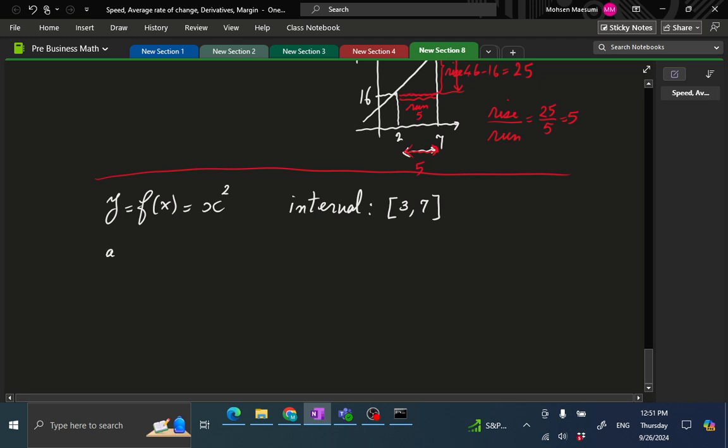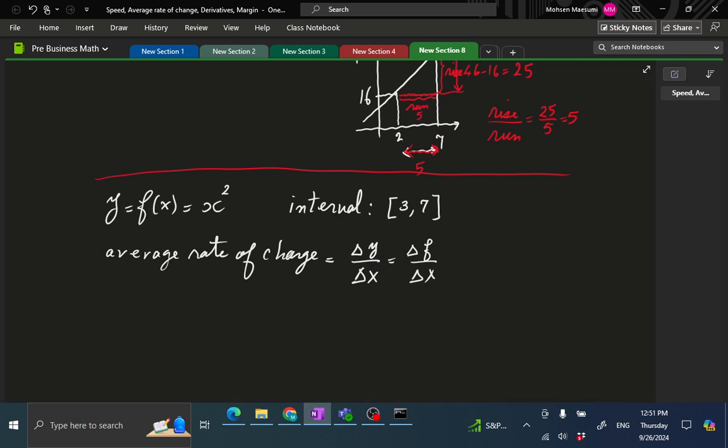What is the average rate of change? Well, always delta y to delta x, or if you wish, delta f over delta x, if you want to use the letter y for the output, or you want to use the name of the function, either one.